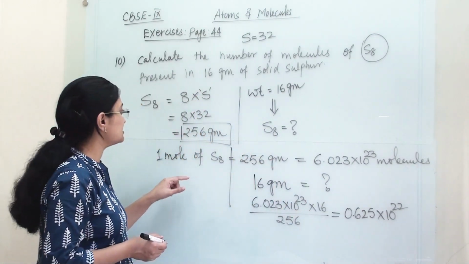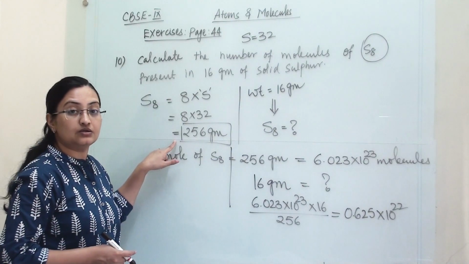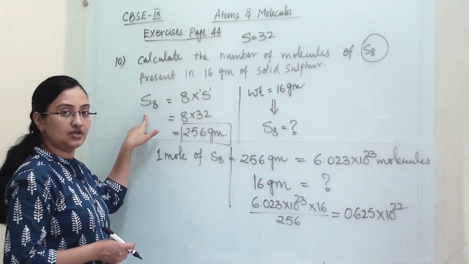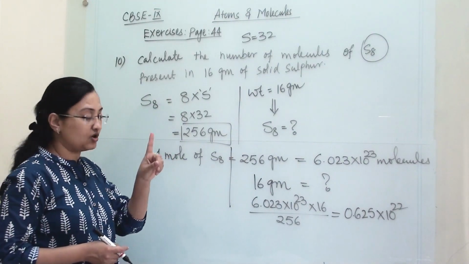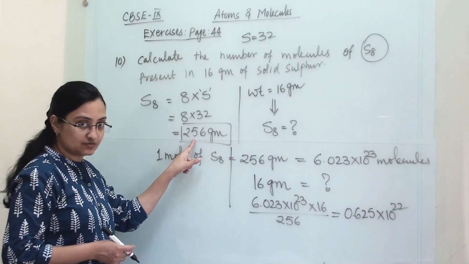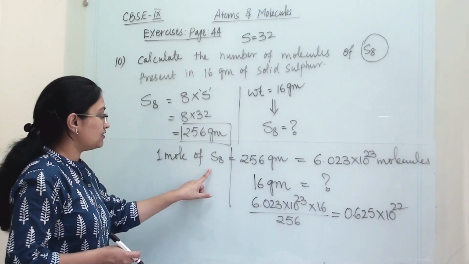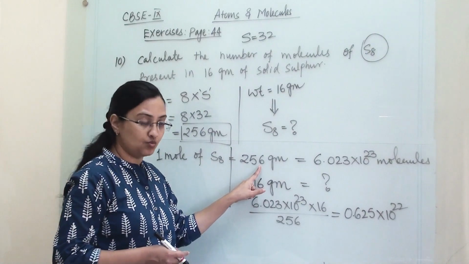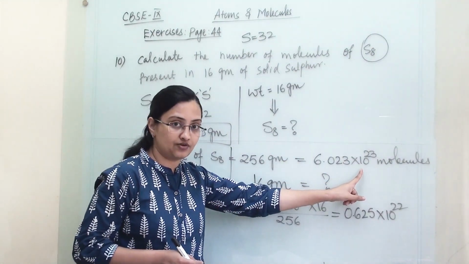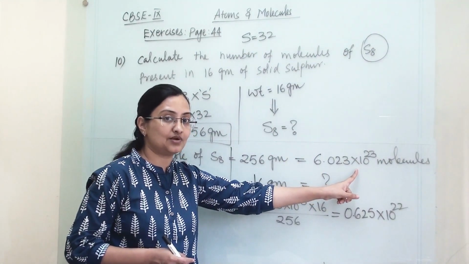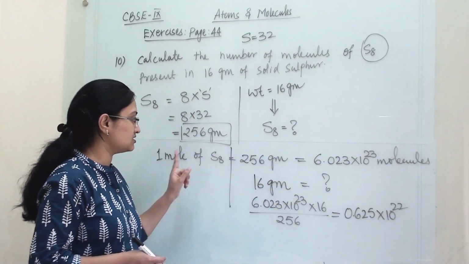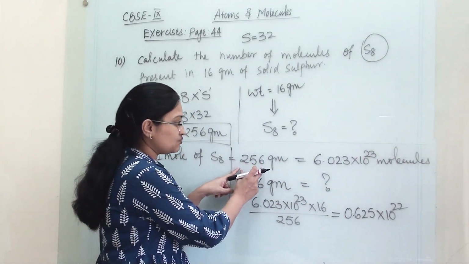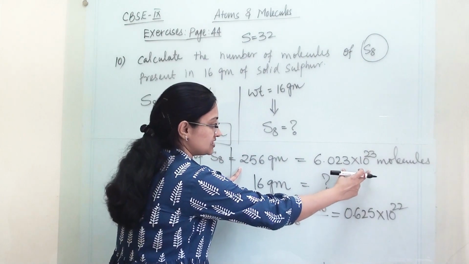How have we done this? First we found out the molecular weight of sulfur. One molecule weighs this much. Then 1 mole of sulfur equals its molar mass equals Avogadro number. This many molecules are present in 1 mole of substance. So in this much weight, this many molecules are there.